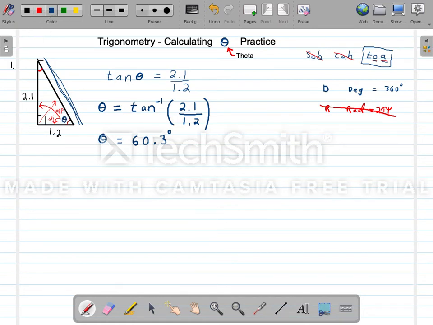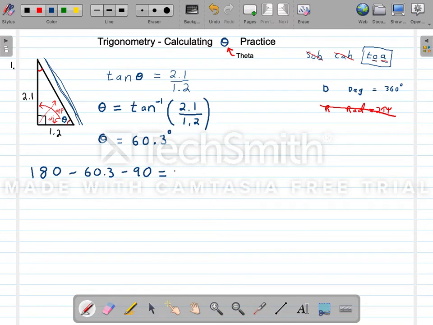So if you want to figure out the remaining angle, in a triangle the interior angles add up to 180. So you do 180 minus the theta you just calculated, which is 60.3, minus the 90. So you can plug that in, and what did you get?